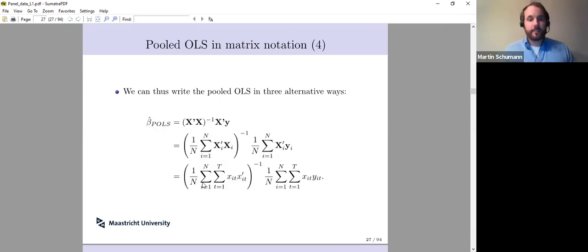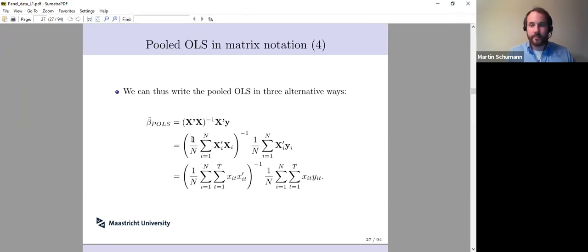Therefore, we can write the pooled OLS estimator in 3 alternative ways. This is the most compact form. However, my personal favorites are number 2 and number 3. Why? Number 2 shows you where the law of large numbers is applied.